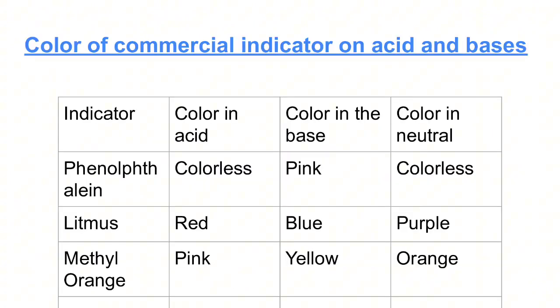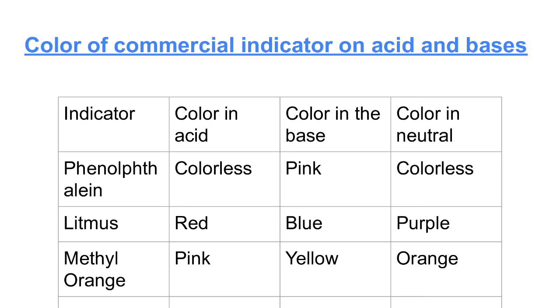Now, the colors of commercial indicators in acids and bases. The commercial indicators we are talking about are phenolphthalein, litmus, and methyl orange, and their colors in different solutions. For example, phenolphthalein in an acid solution is colorless, in a basic solution it's pink, and in a neutral solution it's colorless.